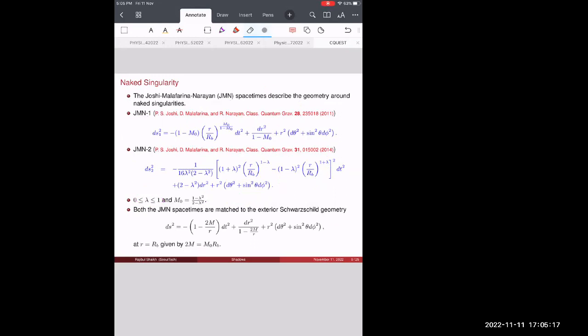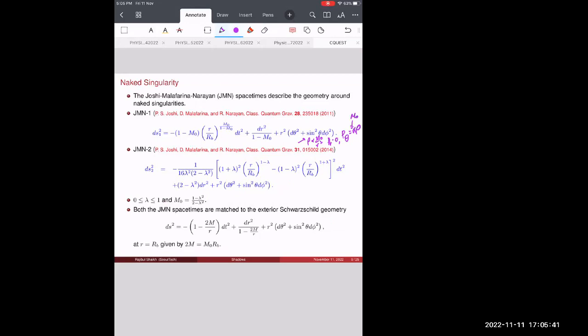In the case of JMN1, rho is proportional to 1/r². I forgot the exact form, probably it is M naught by r squared, and the radial pressure is 0, and the tangential pressure p theta is alpha times rho, where alpha is a function of M naught.